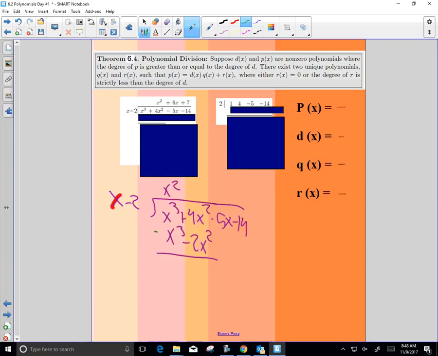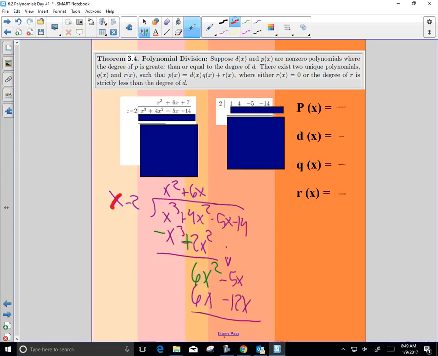Subtract those, and you get 4x squared plus 2x squared is 6x squared. X times what is 6x squared? 6x. So you go 6 times x is 6x squared. Bring this thing down, negative 5x. 6x times negative 2 is negative 12x.